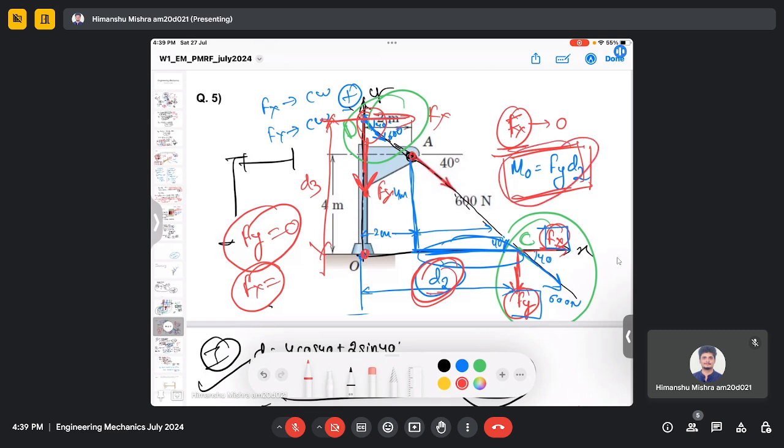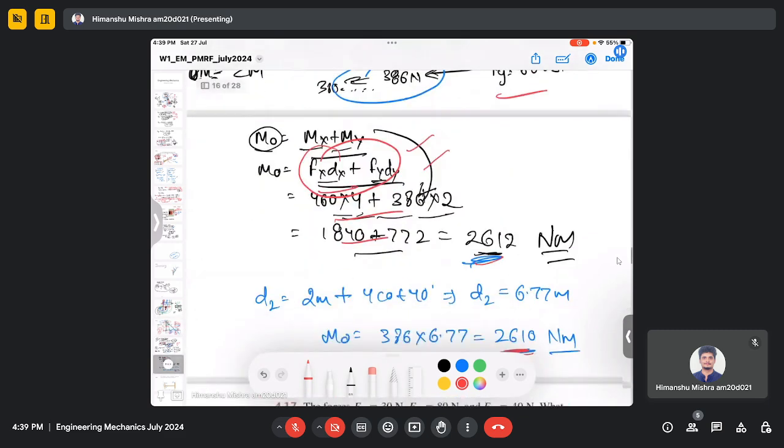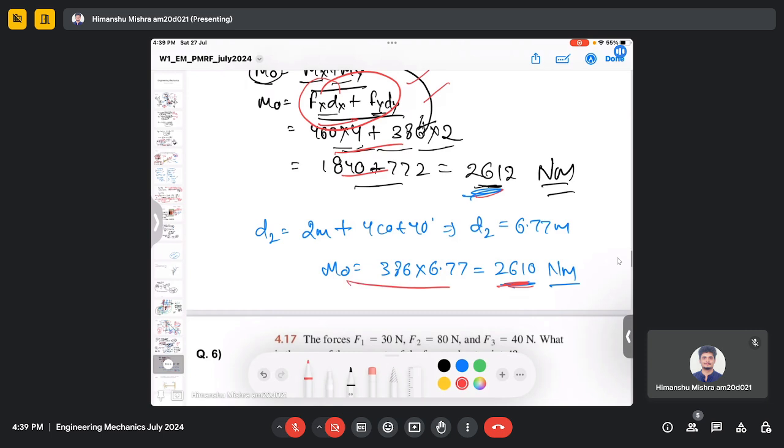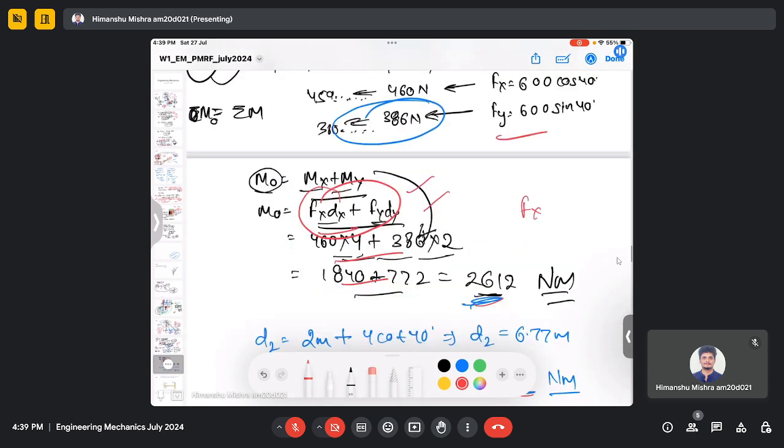So you calculate the perpendicular distance for Fy, and then you get the moment. Here you also don't need Varignon's theorem because you are directly getting the moment. Only if the moment due to Fx is non-zero do you need to consider Varignon's theorem.